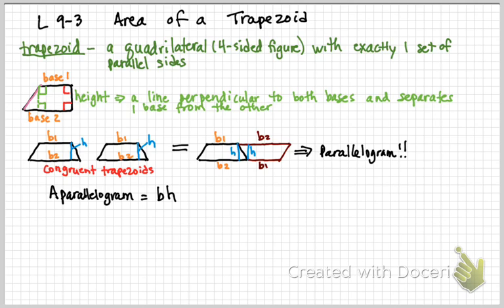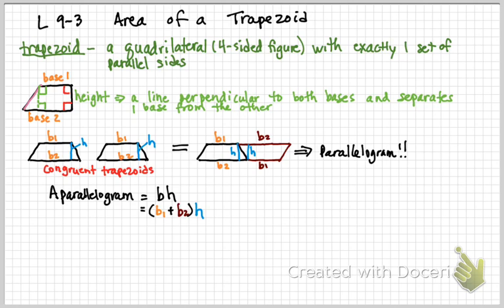Well, this one has a base that actually is made up of 2 parts. So we've got base 1 plus base 2. They together form the base of that parallelogram. Now, what's the height? That's that h value. They both are the same height. That's the area of the parallelogram.